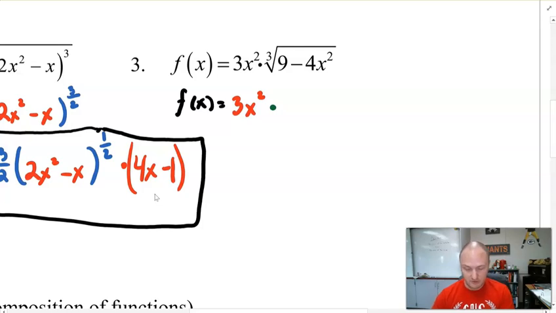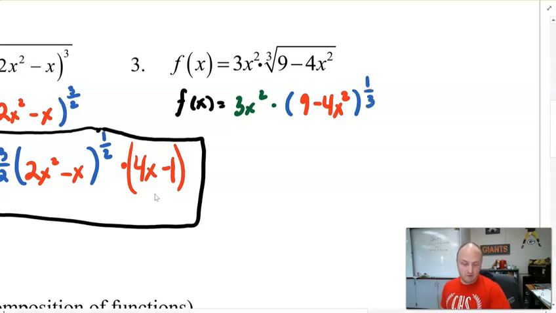So let me rewrite this function: 3x squared times 9 minus 4x squared. This is a cubic root, so I rewrite that in rational exponent form, to the power of 1/3.